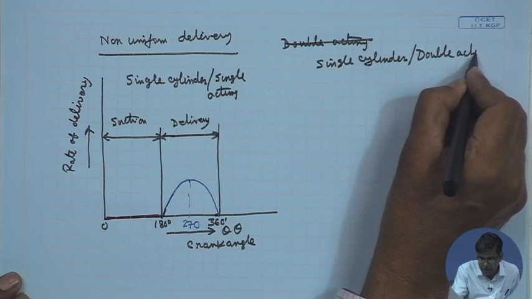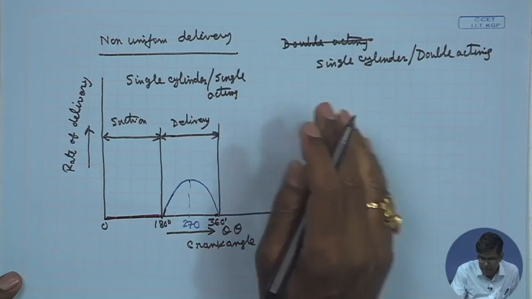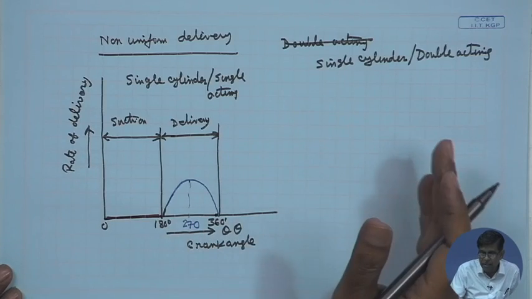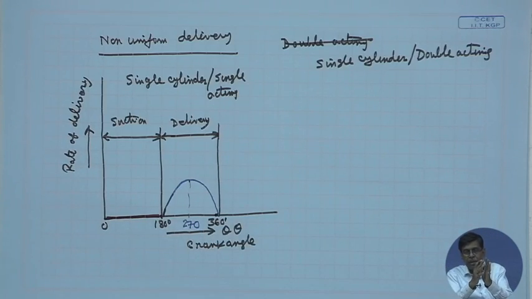Double acting means it has the inlet and outlet valve in a similar way on both sides of the cylinder. That means, when the piston executes a reciprocating motion, on one side of the piston there is a suction created, and on the other side of the piston a discharge is created.